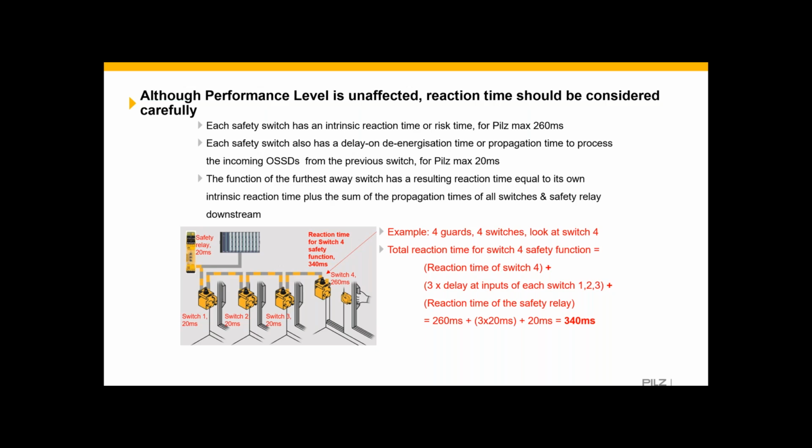So we have a total time of 340 milliseconds, and that needs to be considered for the safe distance between the end guard for interlock and the hazard stopping time. And again, we can use our stop performance calculation for this from 13855.